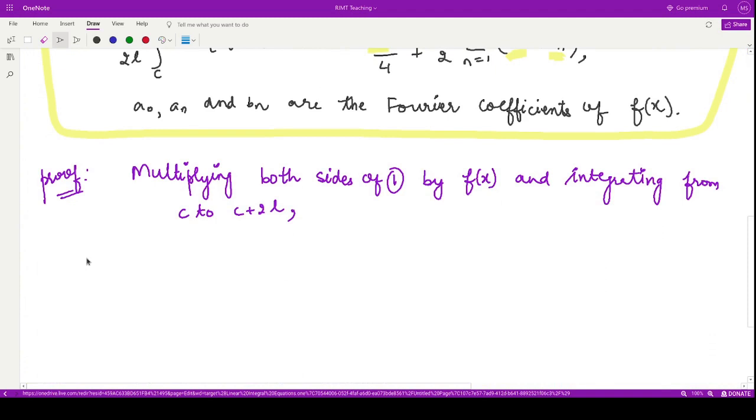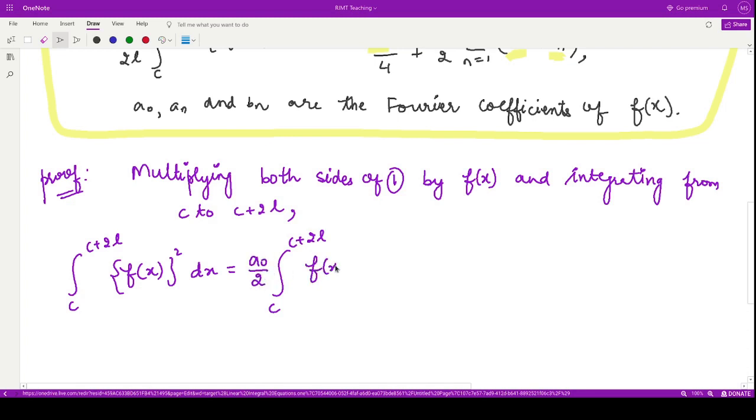On the left hand side we have integration from c to c plus 2l of f of x, and since one f of x was already there, it now becomes the square. This is equal to integration c to c plus 2l of a naught by 2 times f of x dx, where a naught by 2, being a constant, is not a function of x and could be taken outside.